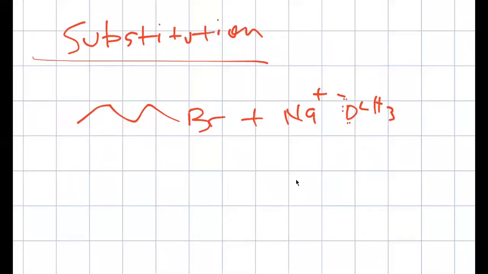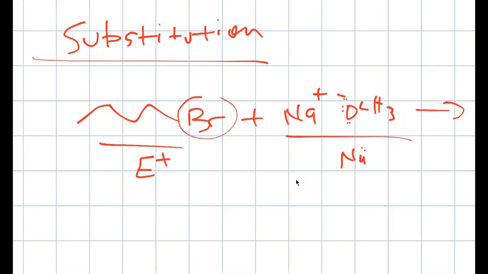So if I have something like this, where I have a nucleophile, substitution is always going to involve a nucleophile and an electrophile. And then in my electrophile, we talked about this already, you have a leaving group, right?